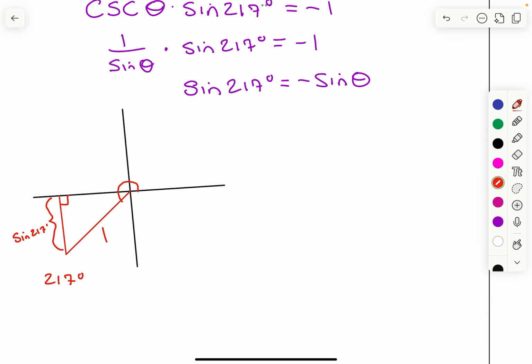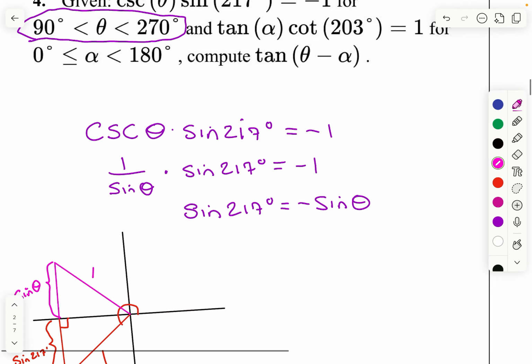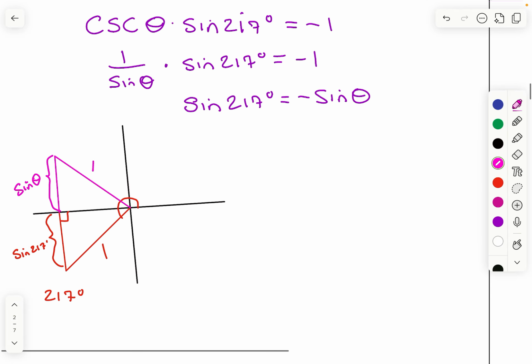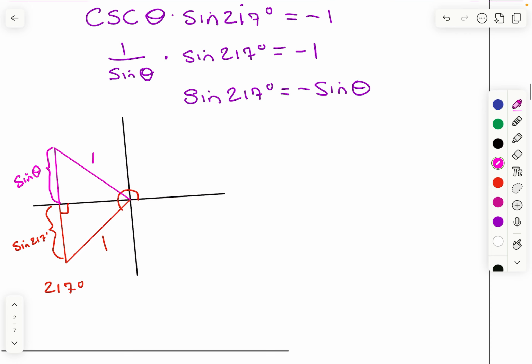Now sine of theta is the opposite of that. Well, that y coordinate is certainly the opposite of this y coordinate right here. So that could be sine of theta, because then they'd be opposites. And in fact, that would have to be, because we have to restrict our attention to that quadrant. We can't look at any other quadrant. So sine of theta is whatever that is.